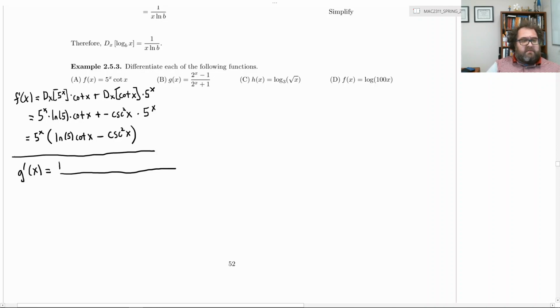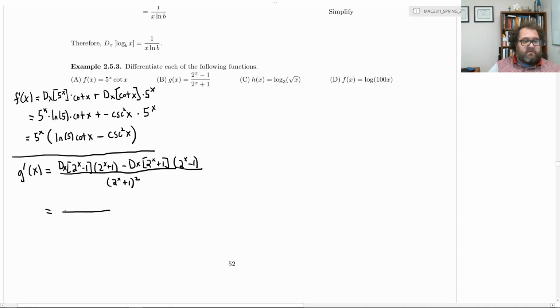The derivative of the top function, the derivative of 2 to the x minus 1, times the bottom function 2 to the x plus 1, minus the derivative of the bottom function 2 to the x plus 1 times the top function 2 to the x minus 1, all over the denominator squared, so 2 to the x plus 1 quantity squared. I get the feeling this is going to be an ugly answer. I don't know for sure. I don't think there's going to be a lot that's going to simplify nicely, though.